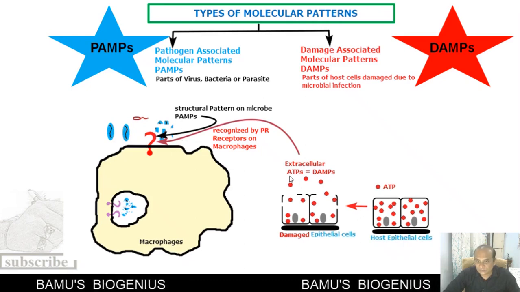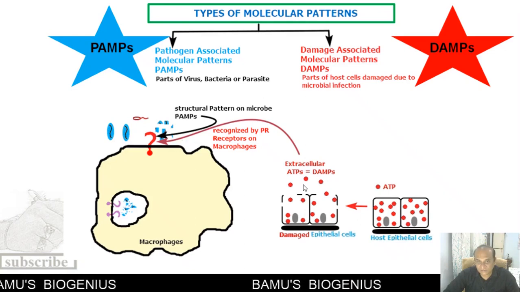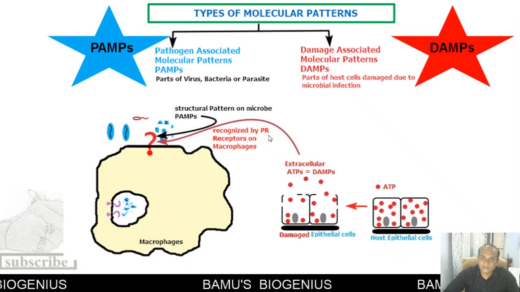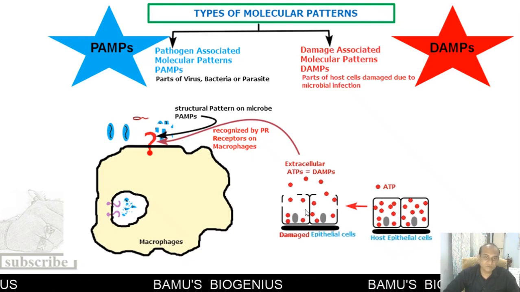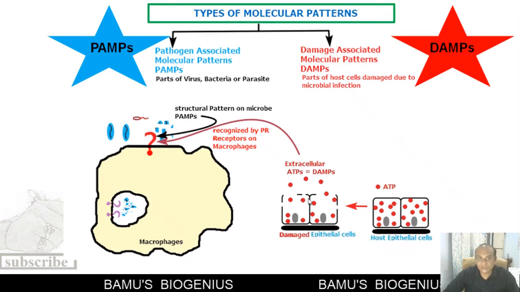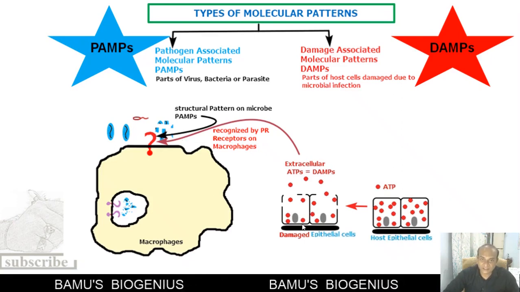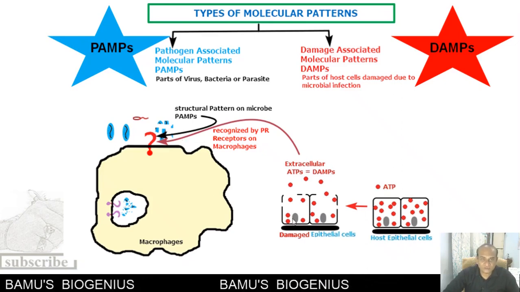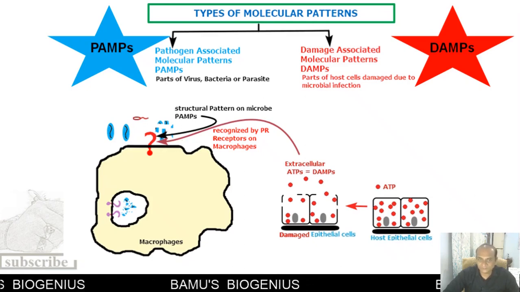So these extracellular ATPs are treated as DAMPs, and they are recognized by these pattern recognition receptors, and they start to create an innate immune response. This is how PAMPs and DAMPs are used by the cells of the immune system to stimulate the innate immune system.